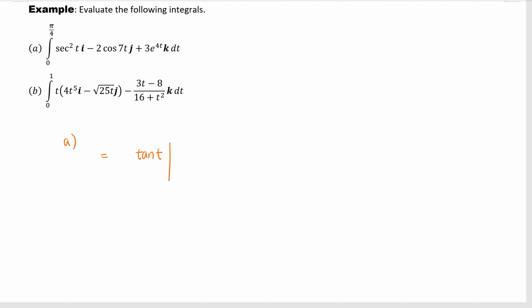I hope you're familiar with the antiderivative formula. And we have the i component. The integral of cosine is sine, but because of the u substitution, we divide by 7: sine 7t. We evaluate from 0 to pi over 4.